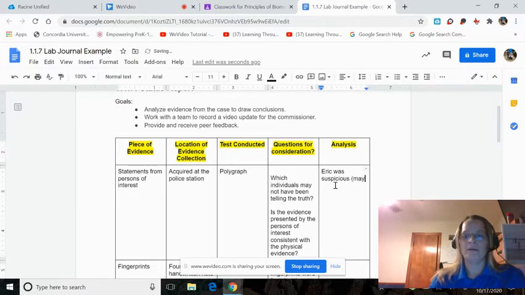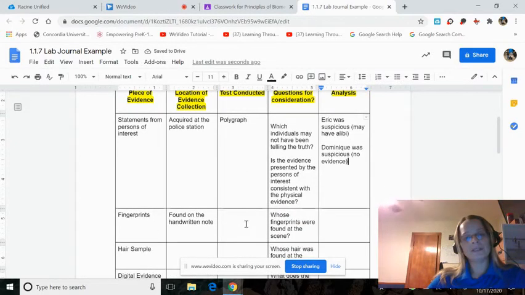He may have an alibi. We don't know yet. And some people thought Dominique was suspicious, but there was no evidence linking her to the crime scene.